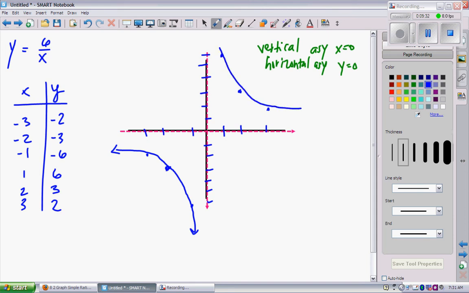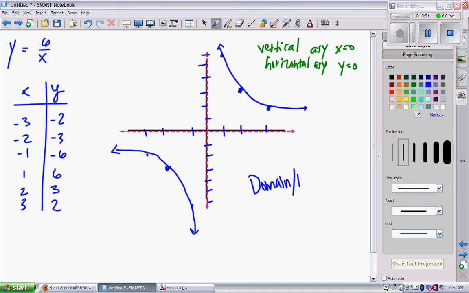What have we done compared to our parent function? We've vertically stretched our graph, so to speak. We've made it wider, and it lies farther from your axes. Because it has the same asymptotes as your parent function, you can also say that your domain is the same.